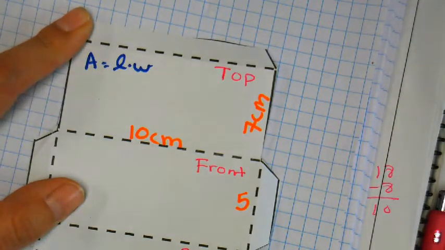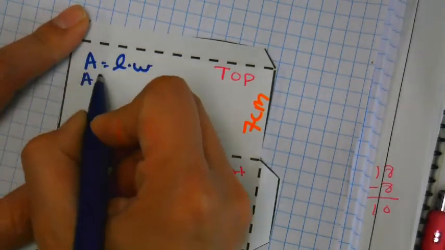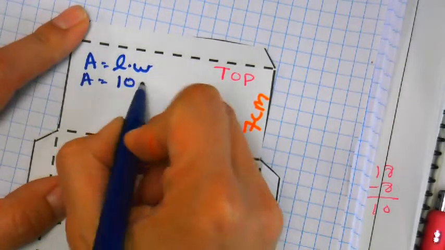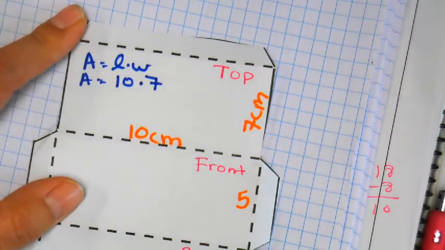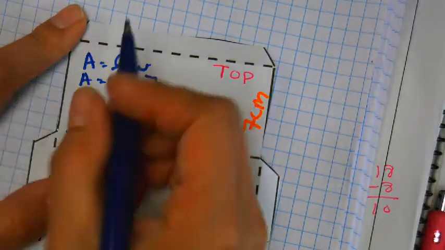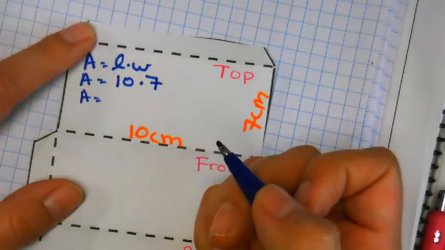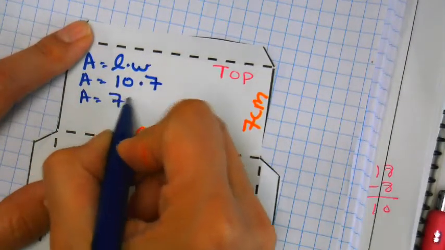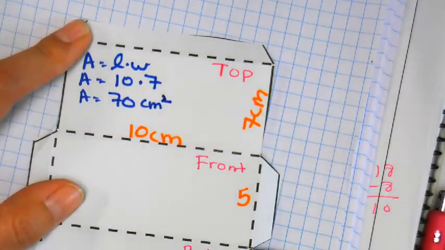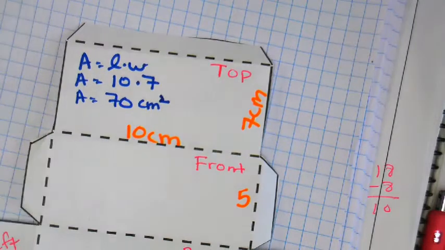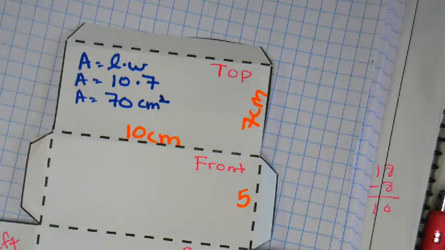So, some of you said it's going to be 10 times what? 7. Very good. So, our area is 70 centimeters squared. Good. So that's the area of this top rectangle.